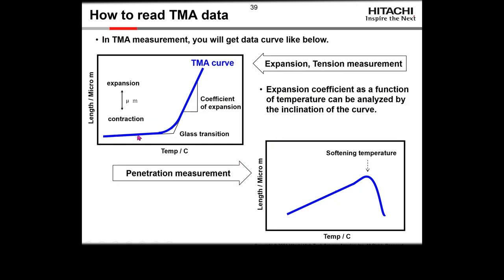If you're doing an expansion test in either solid or tension, you get a curve where you get an expansion of the material, the CTE as a function of temperature, you get the glass transition region, and then you go into another expansion. For penetration and flexure methods, you get a curve that may or may not have a little bit of slope to it, and then at some point the curve drops as the material penetrates or folds.